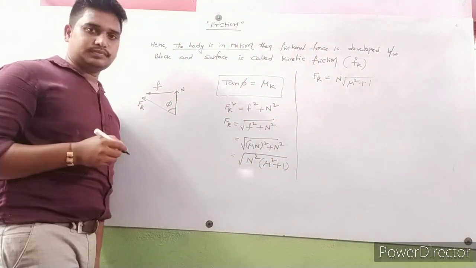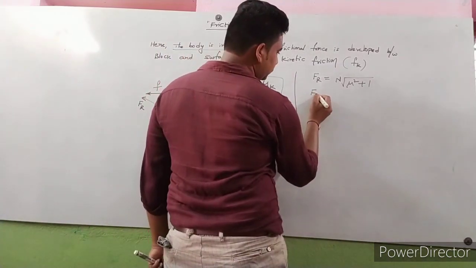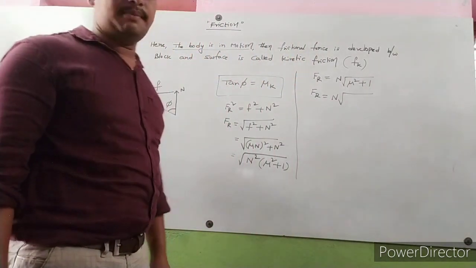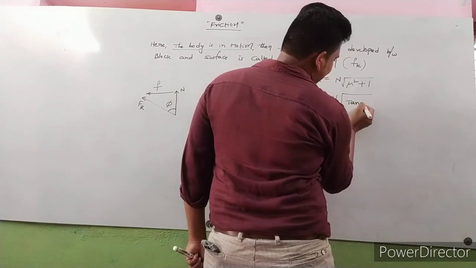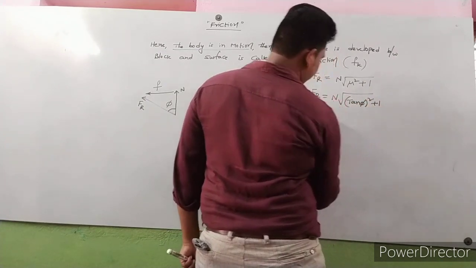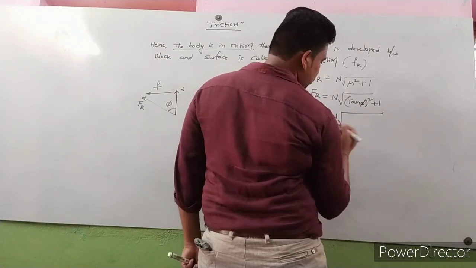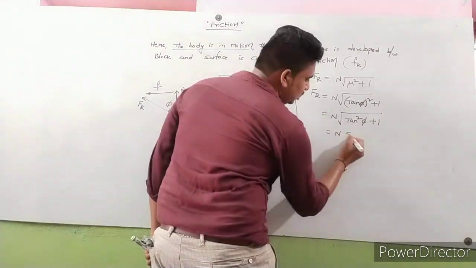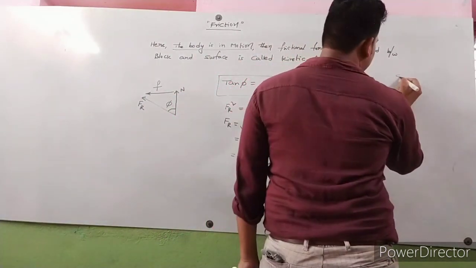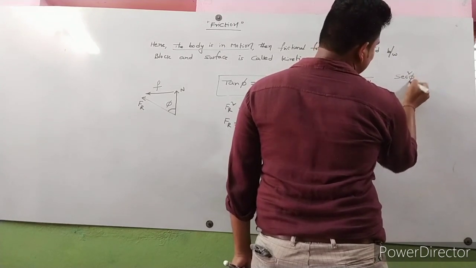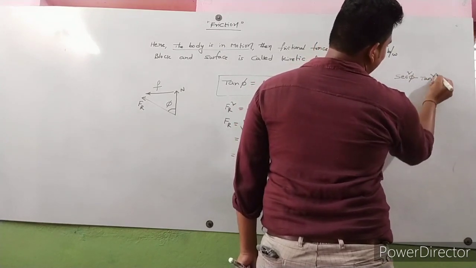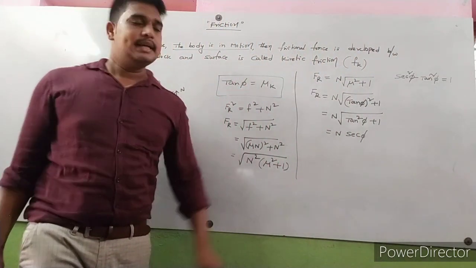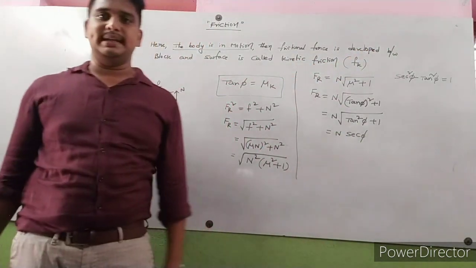Already you know μ is equal to tan φ. So FR is equal to N into square root of tan square φ plus 1. That is equal to N into secant φ. Because according to trigonometric identities, secant square φ minus tan square φ is equal to 1.